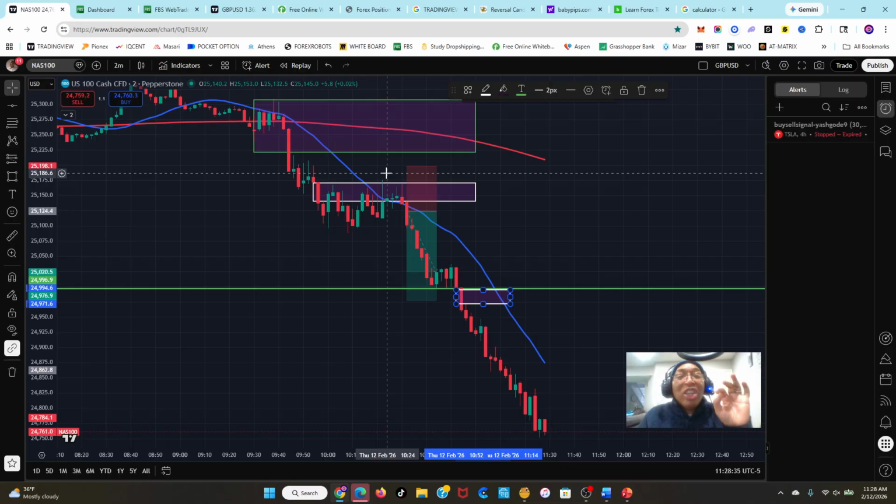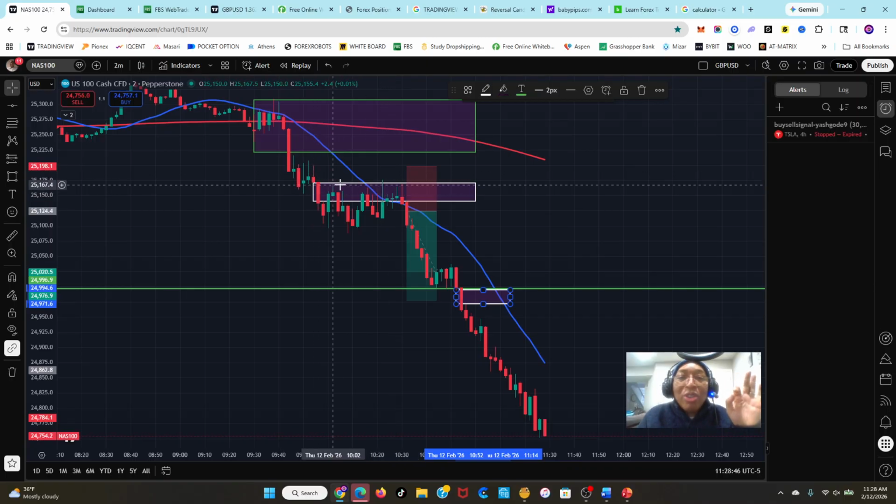Our strategy says put the stop loss at the beginning of the fair value gap candle. What was the fair value gap candle? Was this one. So we did exactly what the rules said. However, it seemed to be a very tight stop loss.